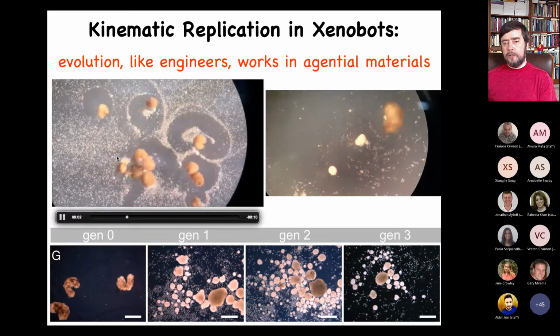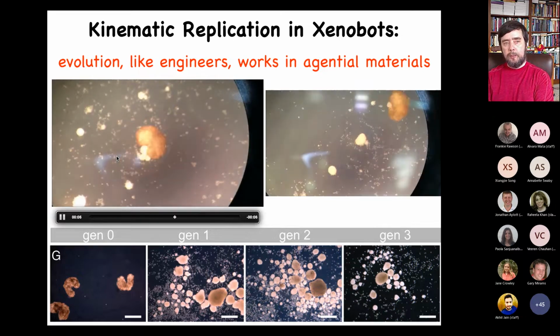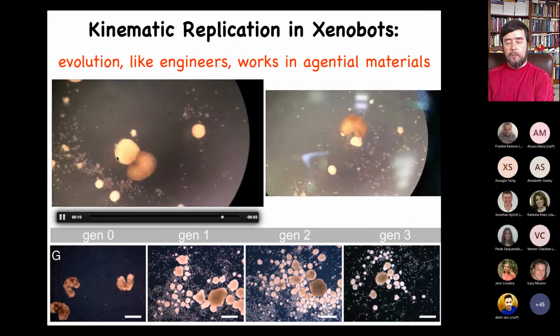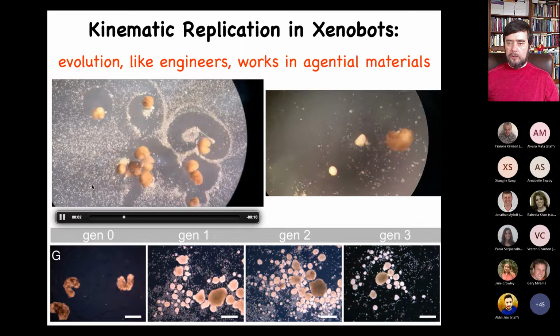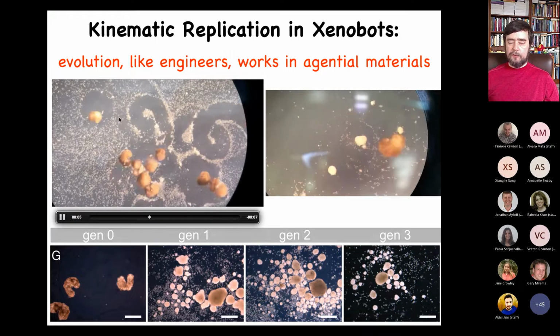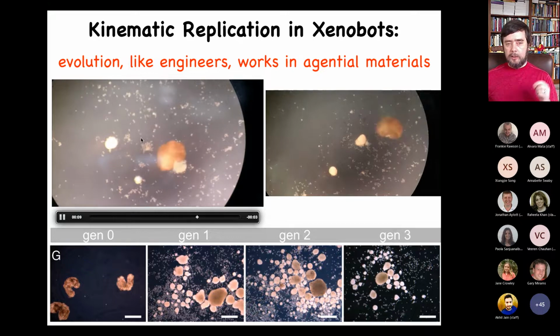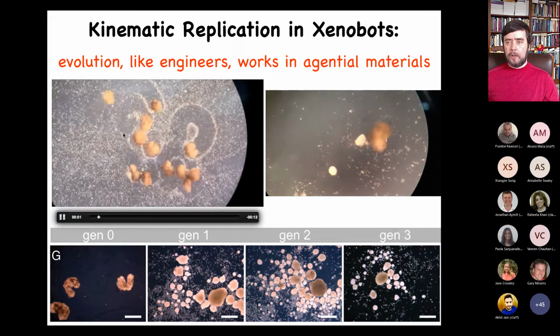And then perhaps the most amazing thing is these. What we've done is we've said, well, these xenobots can't replicate the way that frogs normally replicate. We've made that impossible. But instead, if we sprinkle loose skin cells into their environment, what they basically do is von Neumann's dream, which is a machine that runs around, collects parts, and makes copies of itself. This is kinematic replication.